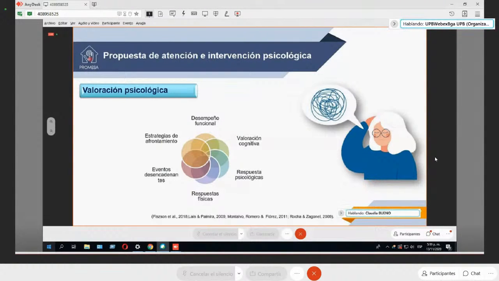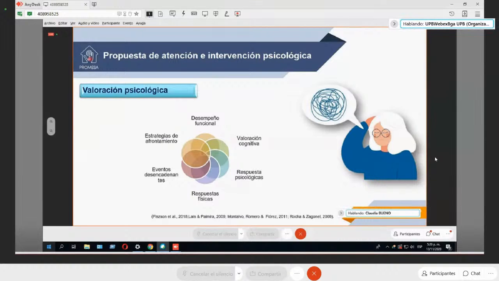The psychological assessment will be that first encounter between the caregiver and the medical team, after getting the bad news on the disease. They will present, in this first approach between the healthcare personnel and the caregiver, the concepts and changes on the psychological level that the carer is undergoing, and what the intervention level will be.